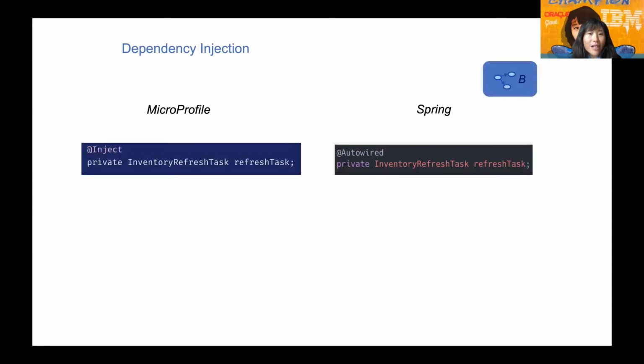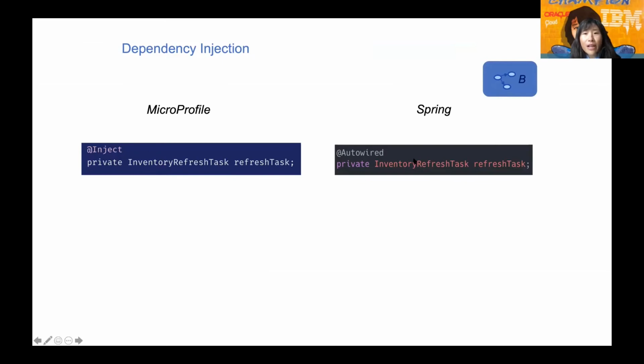You just say CDI, give me an instance of this inventory refresh task, and you do not need to call its constructor, and CDI automatically gives you the instance.